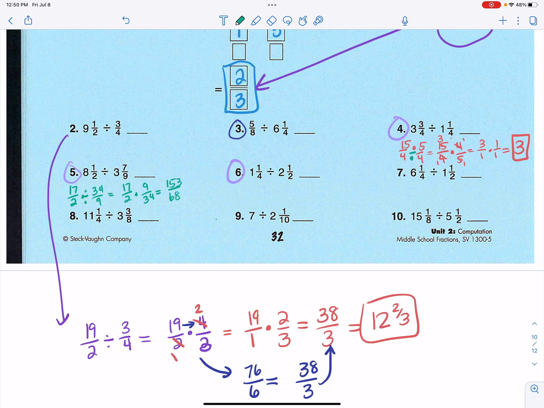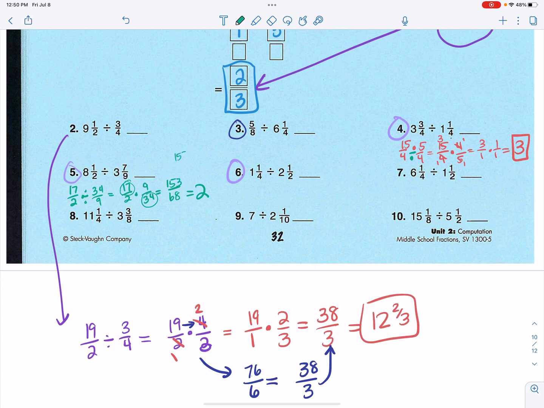I am guessing something probably goes into those, but it's not 2. Maybe 3, maybe 4. No. Not 2. Like, because I'm looking at this, it might be 17. So let's do this. So if I did 68 goes into 153, 153 divided by 68 is 2. 2 times 68 is 136.